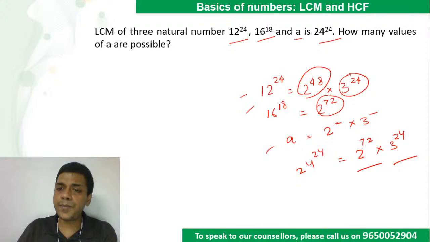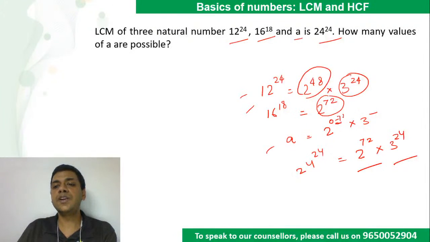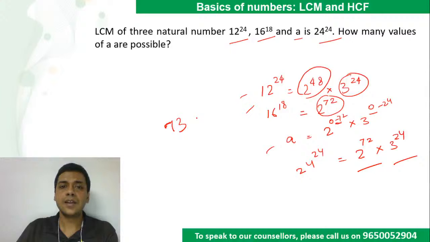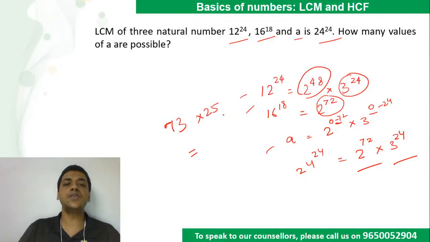So can I say the power of 2 in A can be any number from 0 to 72, and the power of 3 in A can be any number from 0 to 24. So there are 73 possibilities for the power of 2, and there are 25 possibilities for the power of 3. So 73 into 25 will be the possible values of A.